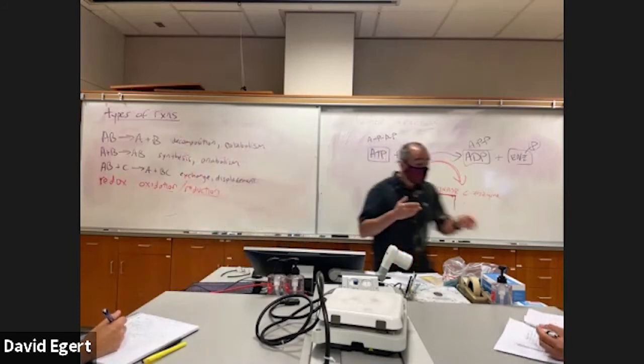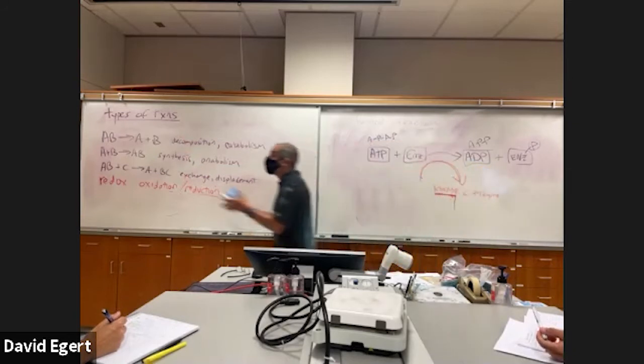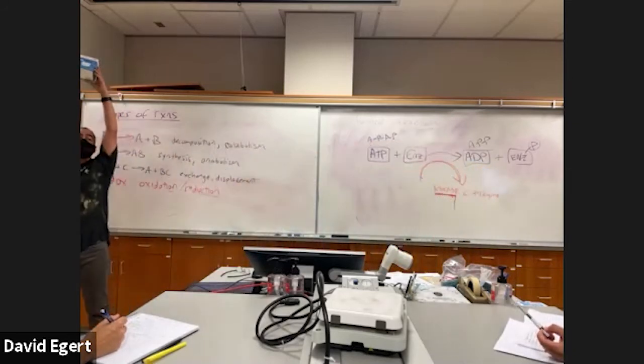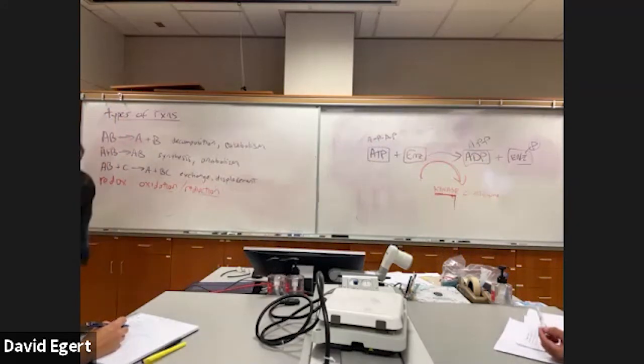You can use the analogy of gravity, like potential energy. This box has potential energy with respect to gravity. If I hold it up really high, it's got a lot of potential energy with respect to the floor. I can drop it and catch it here, and it releases some energy as it falls.